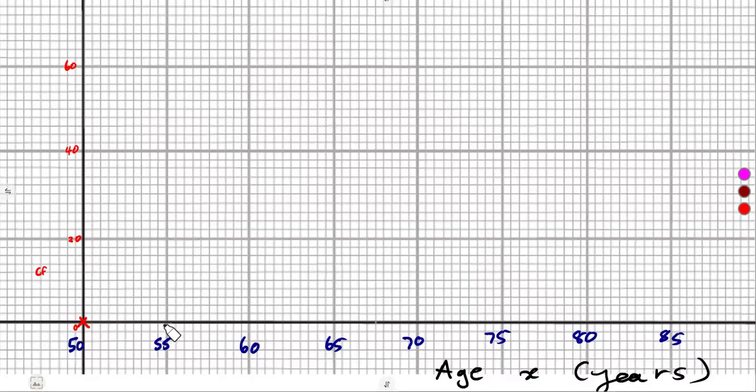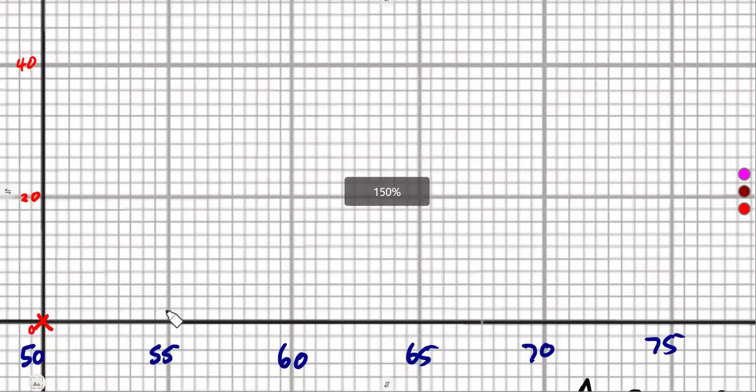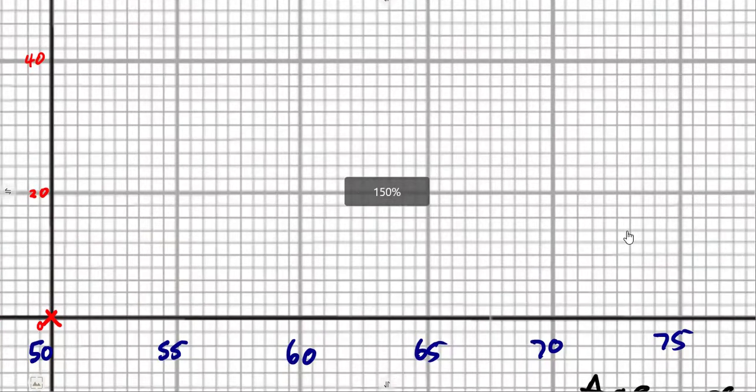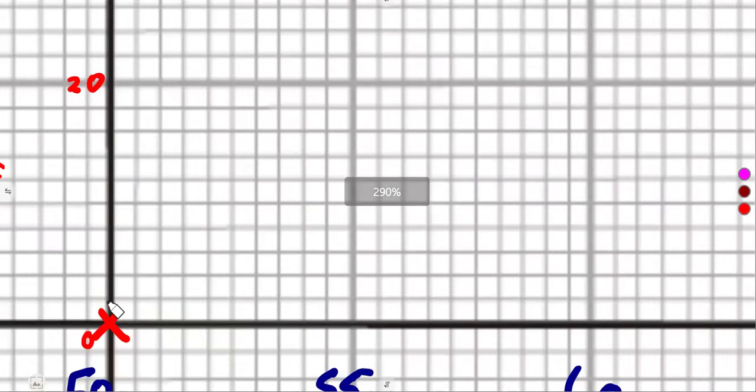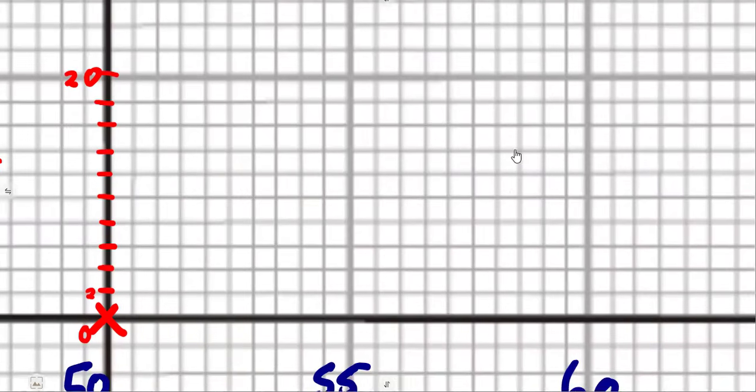So 55 versus 6. According to the scale, remember, it is 10 boxes. So this is 2, 4, 6, 8, 10, then 12, 14, 16, 18, 20. So each box going up is 2.